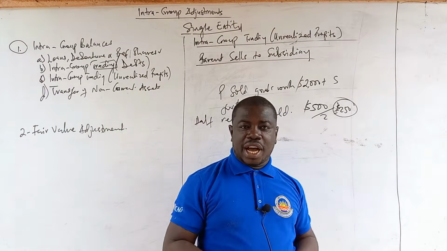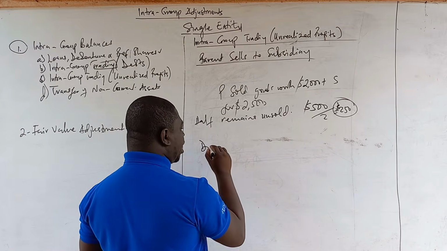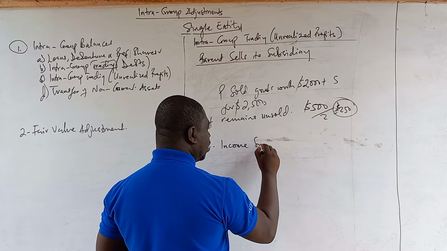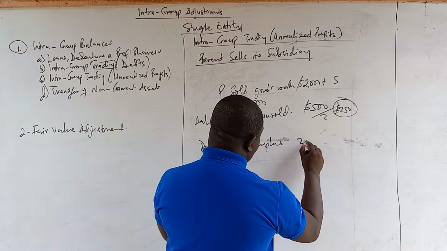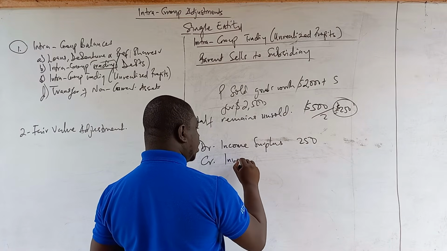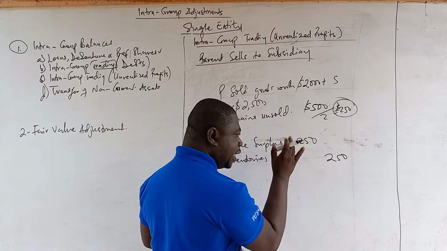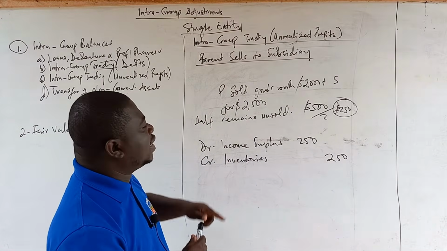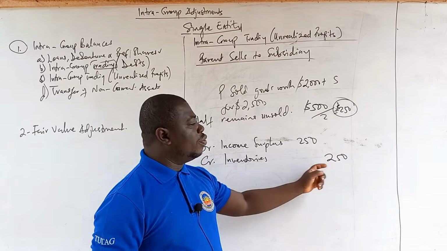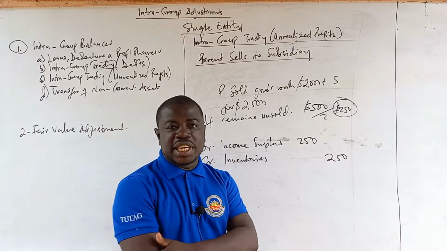And so when you are doing your adjustment, the double entry is going to be: you debit your income surplus or your retained earnings by 250, and then you credit your inventories in the consolidated statement of financial position by the same 250. This is the treatment. When a parent sells to a company, you reduce your income surplus balance by 250 and you reduce your inventories by 250. This is how to treat unrealized profit.